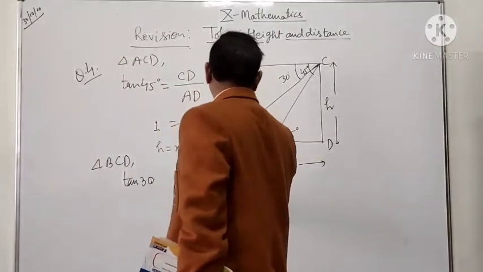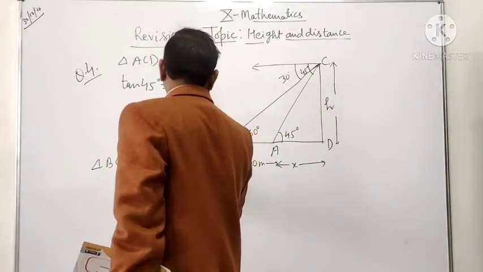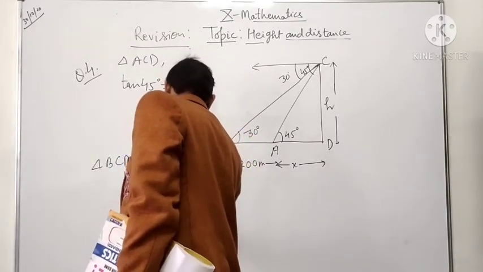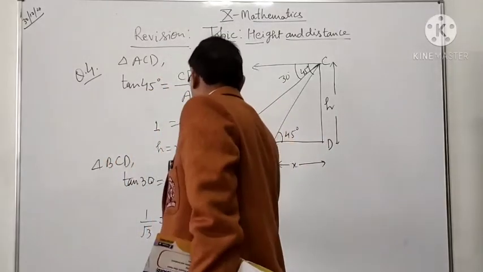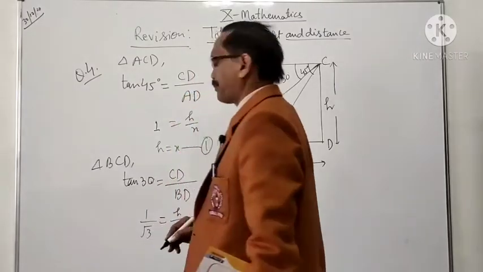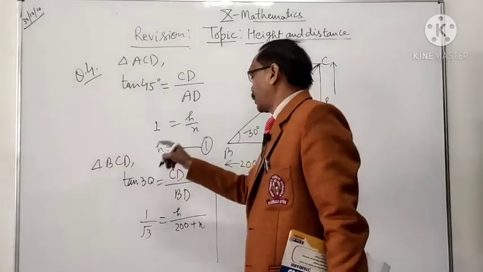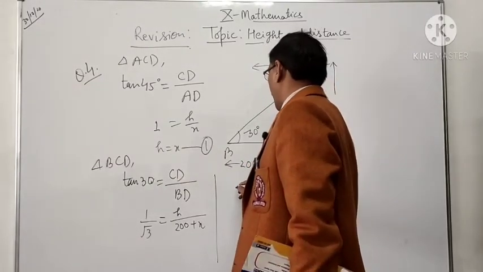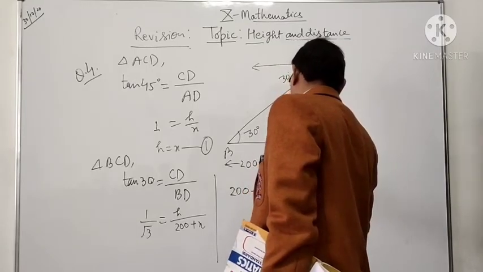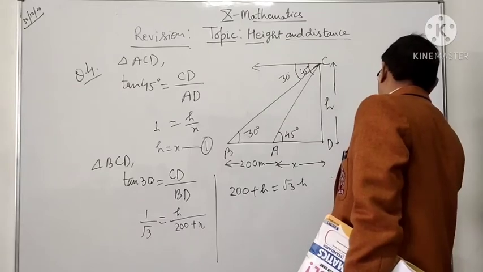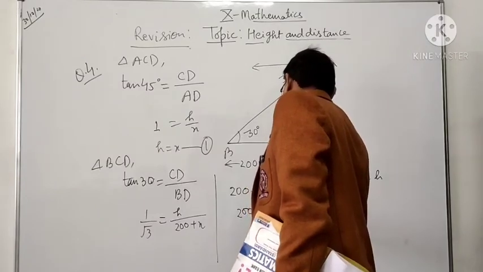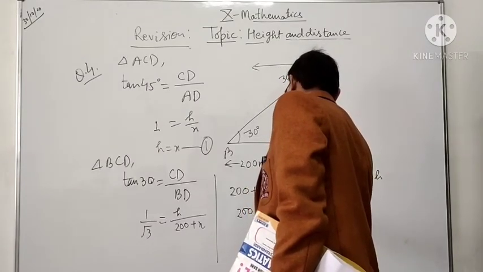So tan 30 is perpendicular CD upon base BD, it is 1 upon root 3, CD is H and BD is 200 plus X. Since X equals H, we have to find H. So cross multiply, it is 200 plus H equals root 3 H. Since X equals H, 200 equals root 3 minus 1 into H.